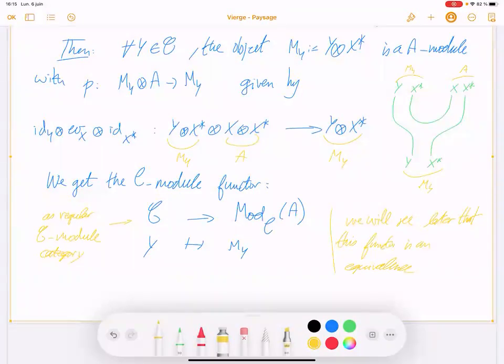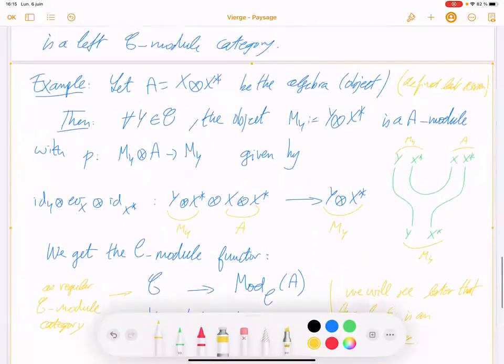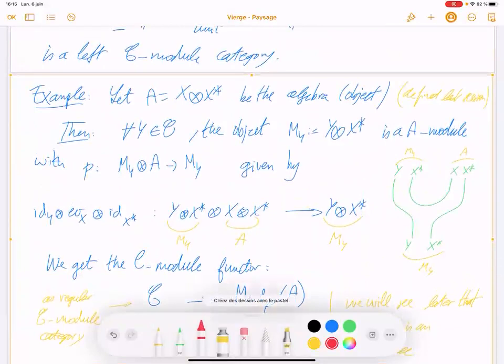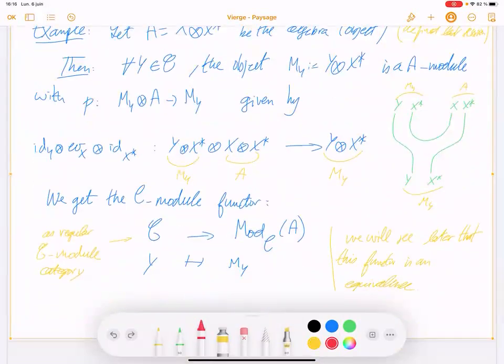So C as a C module is the same thing as mod CA for any A of this form. So this is independent of the choice of X. For any algebra object of the form X tensor X star, they are all equivalent to C.